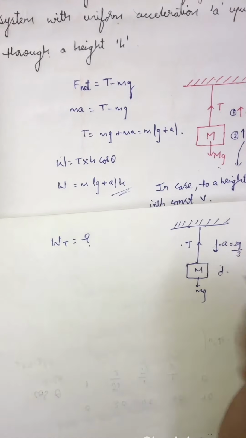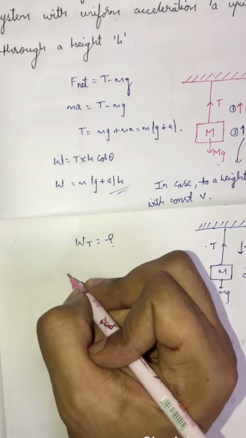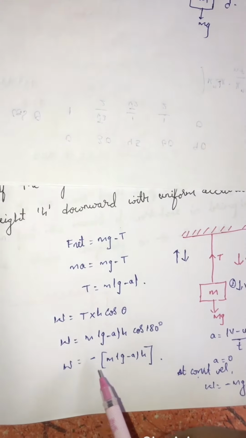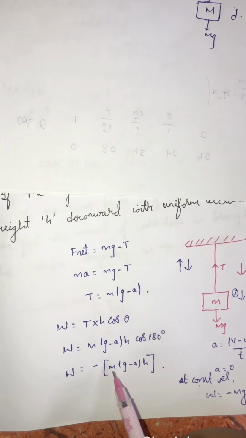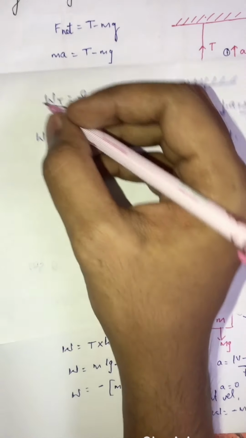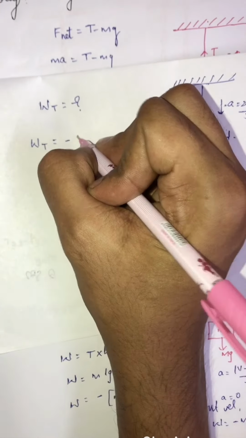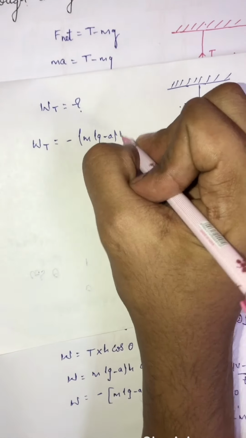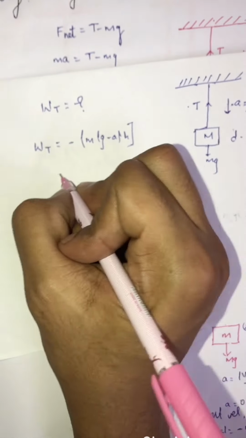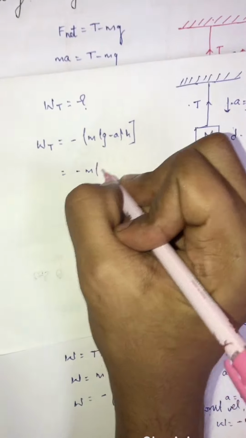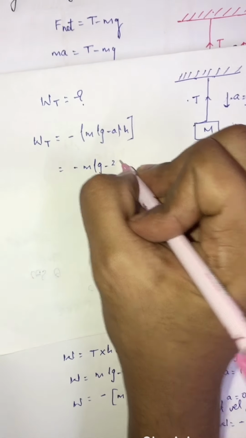So work done due to tension is equal to, as it is downward, we know that work done will be equal to minus m times (g minus a) into h. So here, m times (g minus a) is equal to 2g/3, displacement given as d.